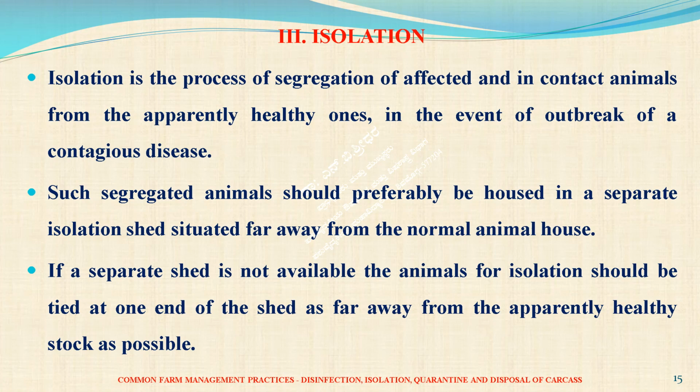If a separate shed is not available, the animals for isolation should be tied at one end of the shed, as far away as possible from the apparently healthy livestock. This practice should preferably be done once the process of quarantine is over.